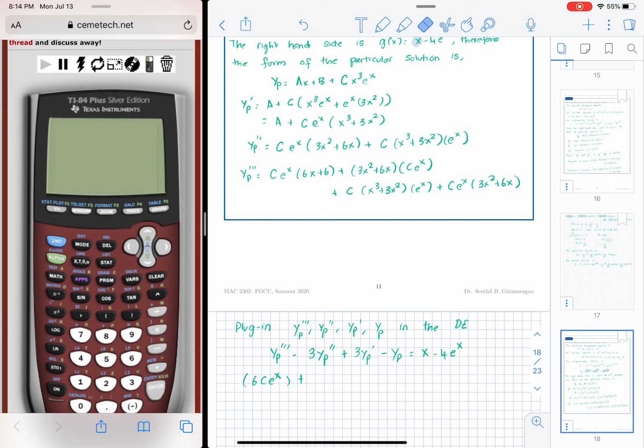Is that all? And looks like that is not going to give me enough equations. So I certainly can equate 6c minus 4 equals e raised x. The second derivative isn't giving me any e raised x terms.